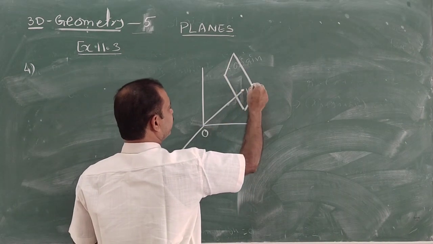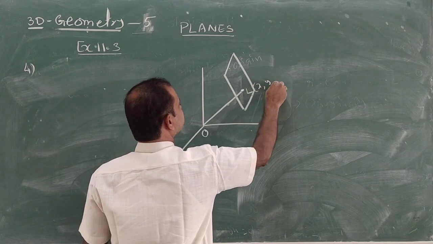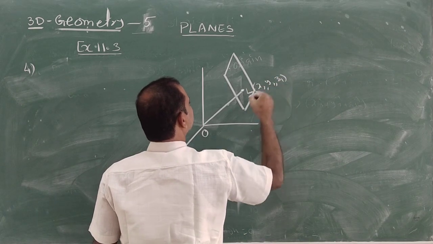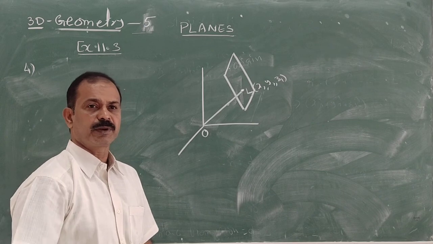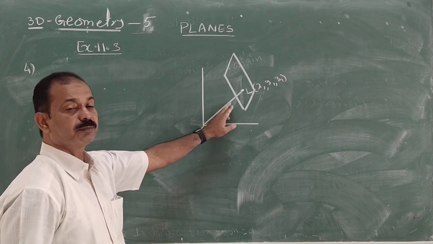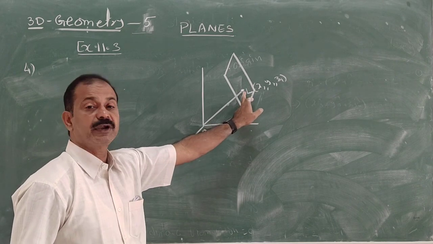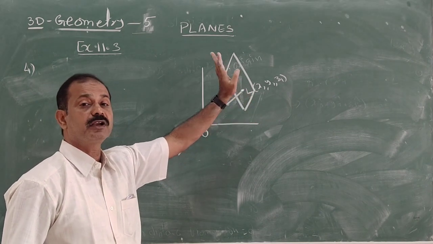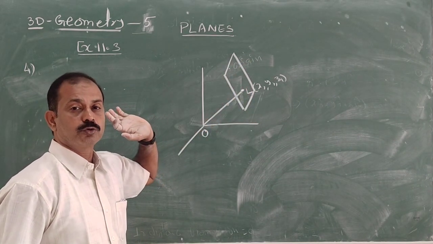Suppose you take L of x1, y1, z1, the foot of the perpendicular drawn from the origin. This foot of the perpendicular, you have to find out.